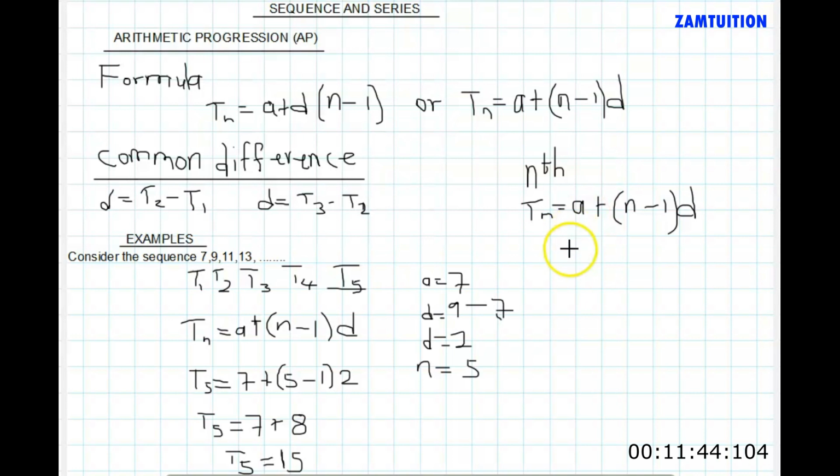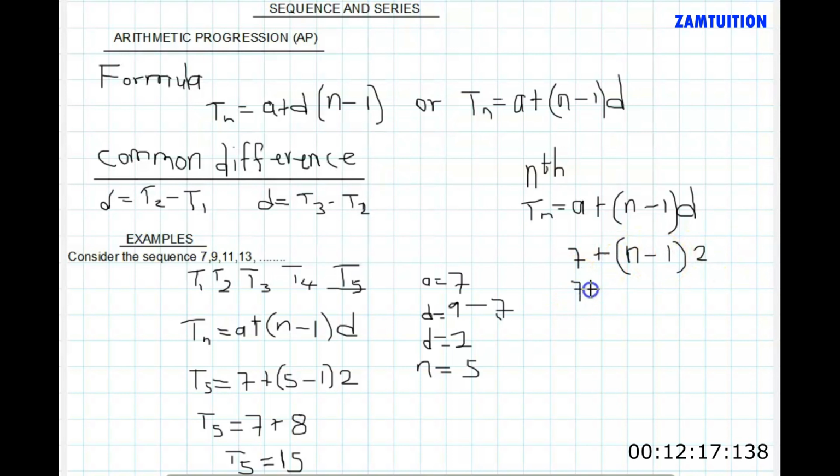And then from there, where there is A, we'll put 7 plus, where there is n, we don't know the nth term, it can be any number, so we simply say n, minus 1, close bracket, and our common difference is 2. Then we multiply the number outside with what is in the bracket.